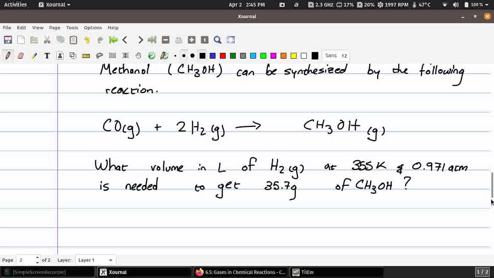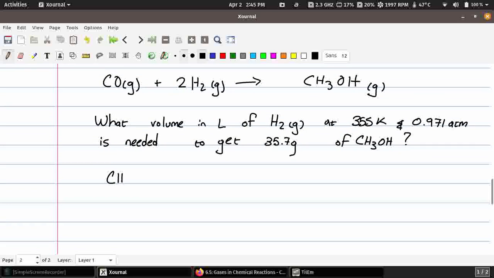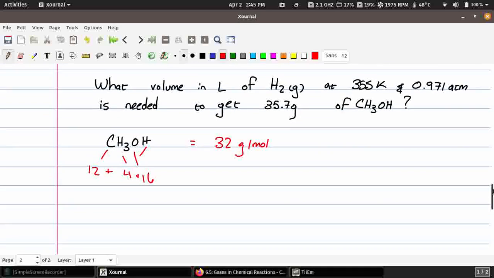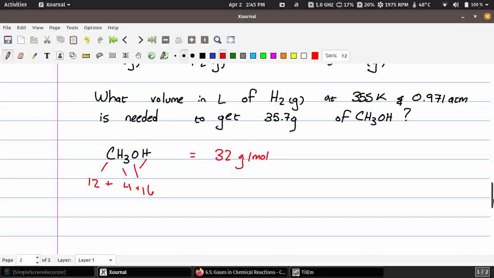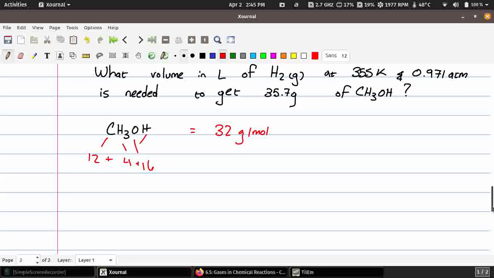So I'm going to give you the molar mass for CH3OH. We have 12, 4, 16, that's 20, 32. So 12 plus 4 is 16, plus 16 is 32. We're going to have to do some stoichiometry here. Actually, we just need unit conversions for right now. So we have 35.7 grams times 1 mole over 32 grams.